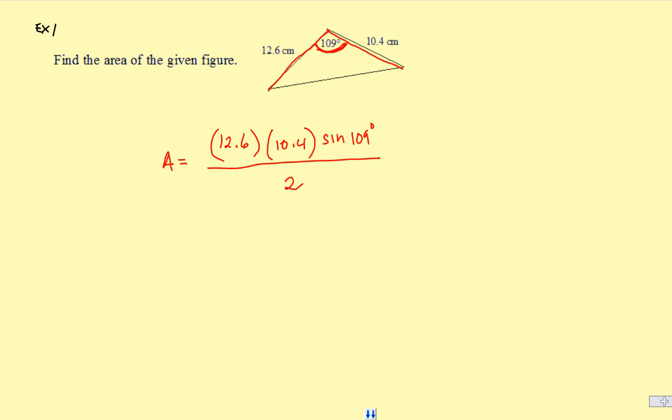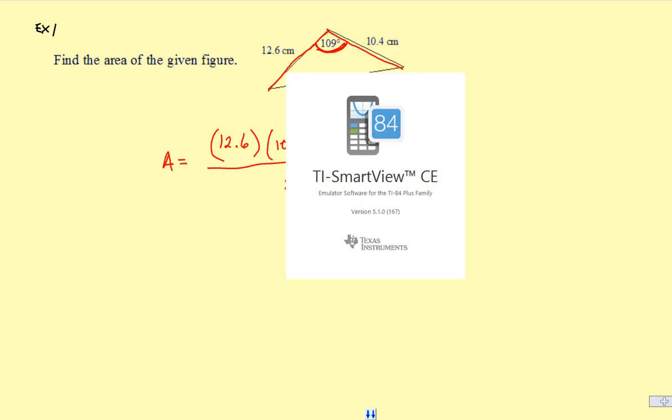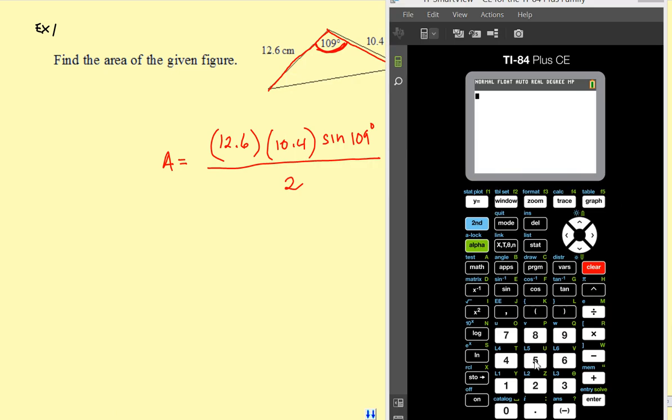So opening up my calculator, all I would have to do is substitute in 12.6 multiplied by 10.4 times the sine of 109, close the parentheses, press enter, and then divide that by 2.